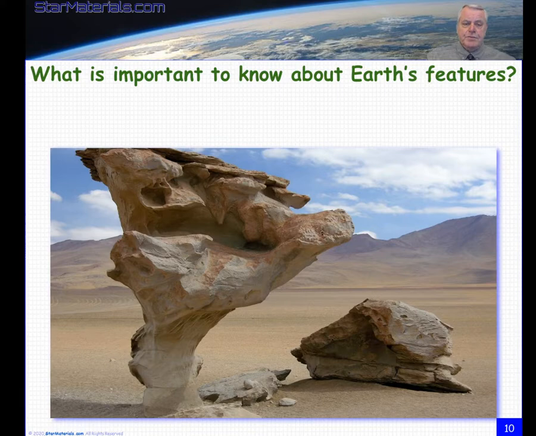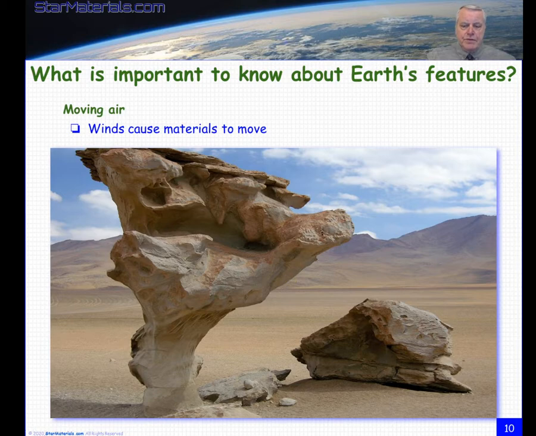This kind of looks goofy, but this is a rock like this, but bigger, taller. The reason it's shaped like this is moving air caused material to move. If you'll notice the background, it's sandy. It's in a desert. The wind blows and picks up the sand. If you've ever been on a beach on a windy day, you know that sand hurts.